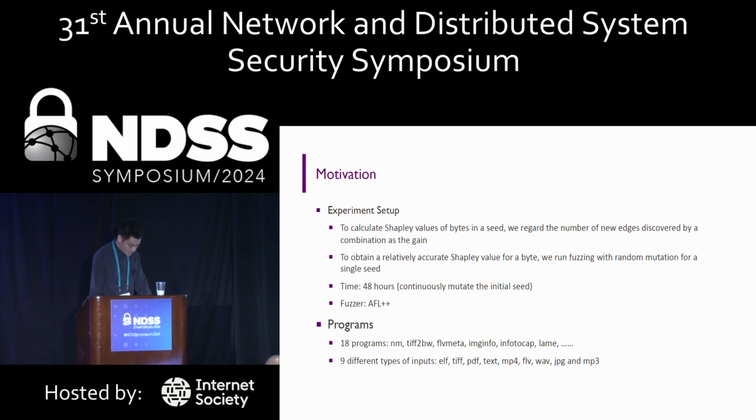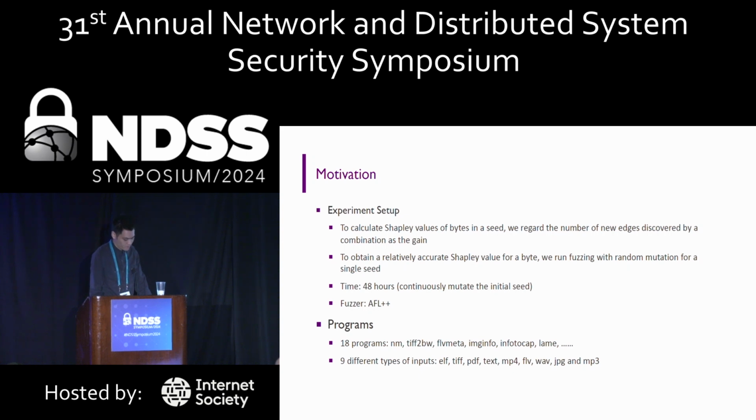To obtain a relatively accurate Shapley value for each byte, we run fuzzing with random mutation for 84 hours on a single seed. We also use AFL++ to conduct fuzzing experiments on 18 programs with a set of initial seeds. These 18 programs include various types, such as MP4, JPG, and MP3.